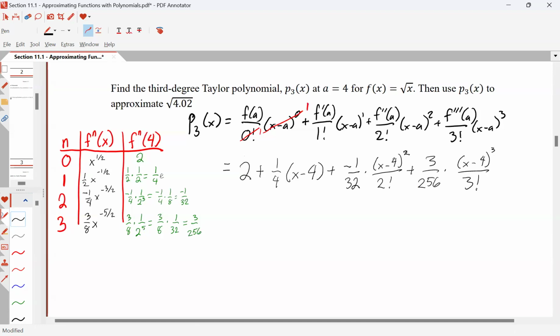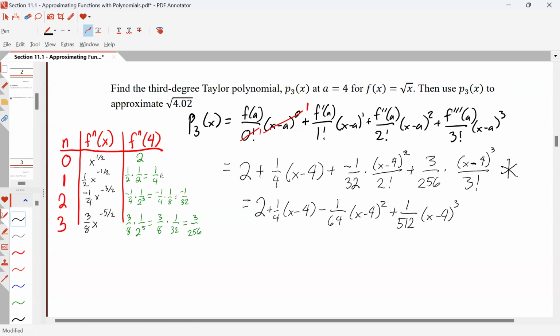Now, when we need to find these Taylor polynomials on assessments where a calculator isn't given, this is plenty simplified, but I have also found the more simplified version, working these factorials in, which is 2 plus 1/4 (x minus 4) minus 1/64 (x minus 4) squared plus 1/512 (x minus 4) cubed.